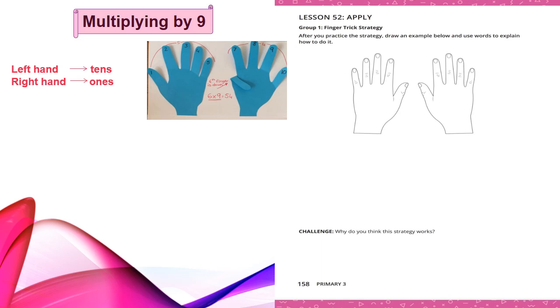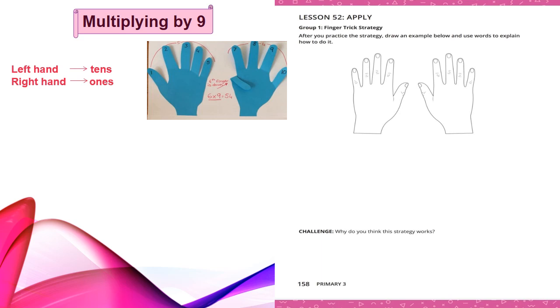We have 5 fingers. And how many fingers are there on the right side? We have 4.